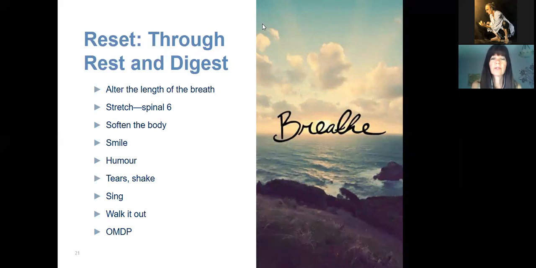Walking it out. When I'm on the units where staff are really stressed, I'll say, walk with me. We're going to walk together, because we want to move that emotion up and out. And as I stay calm, the person I'm walking with is going to resonate with me. I'm going to help them balance their nervous system by me breathing and being calm.